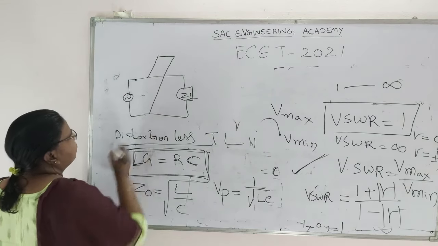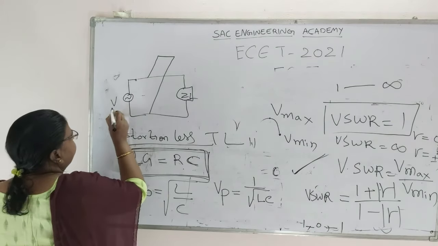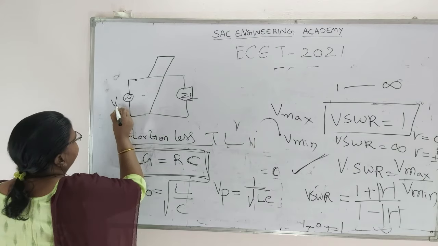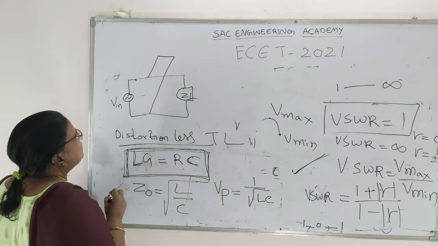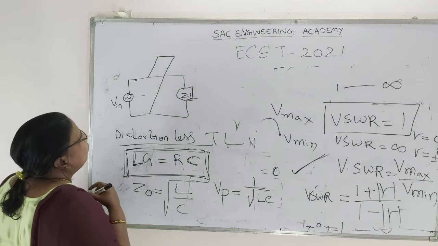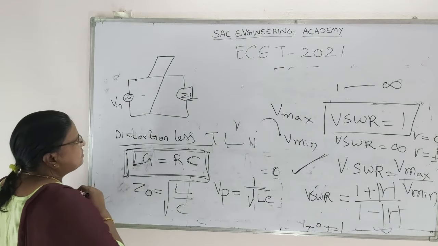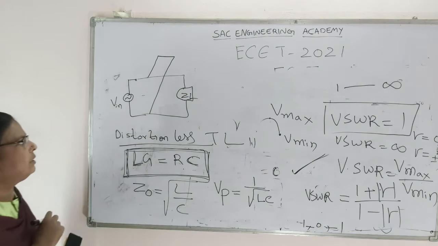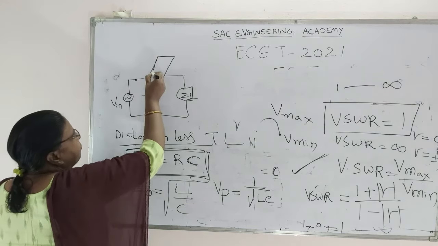So what measurements do we take? Take the stub. This is the short circuited single stub. It avoids the radiation loss. How?